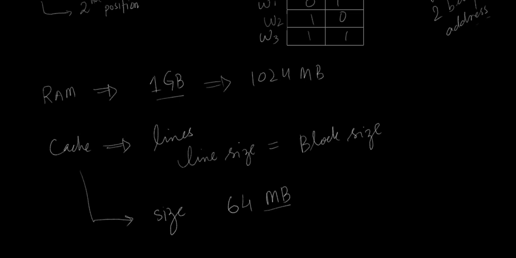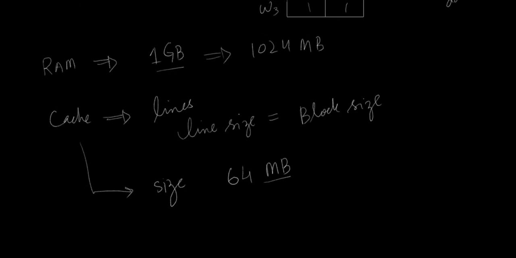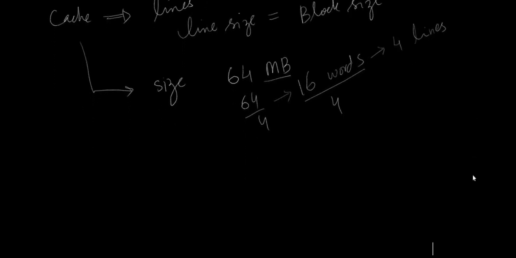You can make it bigger if you want. 64 MB, and my word size is 4, so 64 divided by 4, I'm going to store 16 words, and each block is storing 4 words, so I'm going to have a total of 4 lines. You might be confused that even in the class we are making the same lines, like they are 4, but that's not exactly fixed. Let's do it for a different size.